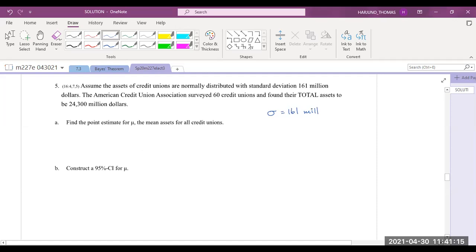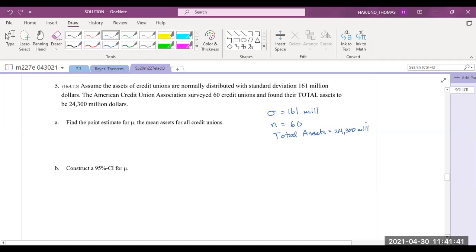And the credit union association surveyed 60 credit unions and found their total assets to be 24,300 million.